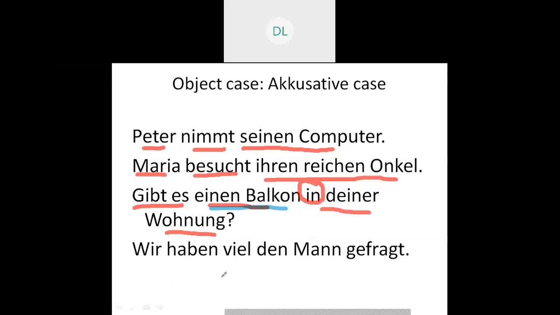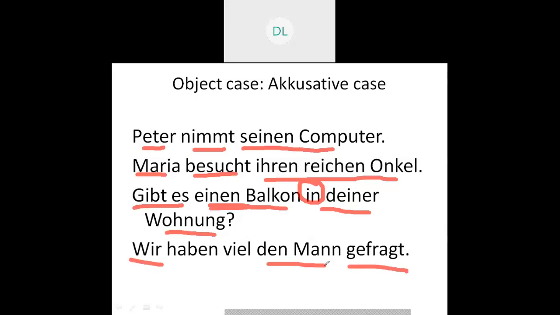Last one, wir haben viel den Mann gefragt. Here your verb is fragen. Fragen is to ask, and the sentence is in the perfect tense. So we have questioned the man a lot. Wir is your subject and den Mann is your object.